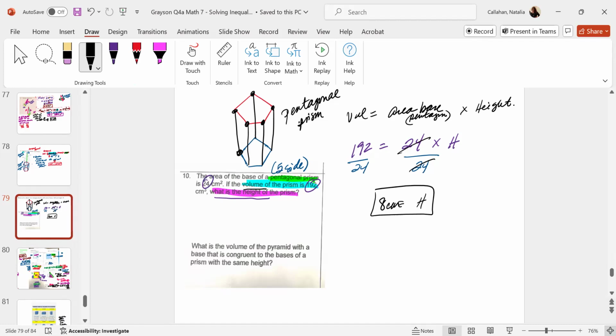Next question. What's the volume? There's a second part to this. What is the volume of the pyramid with the base that is equal to the base?